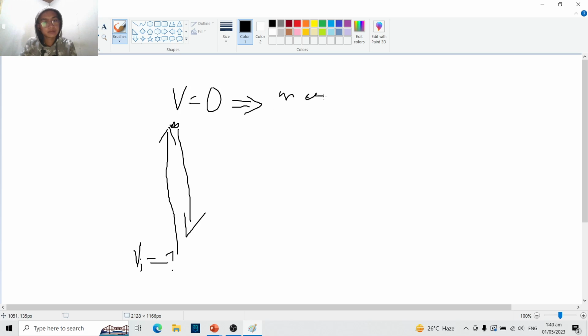So, pag abot na po niya diri sa ubos, equal na po siya sa initial nga velocity.